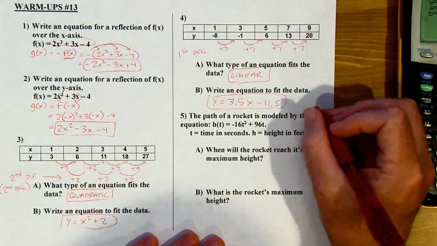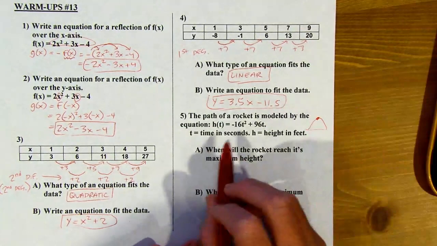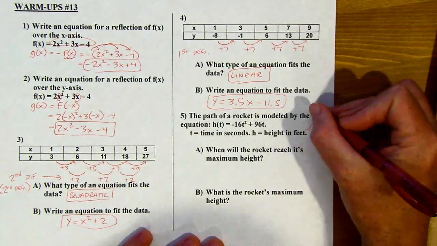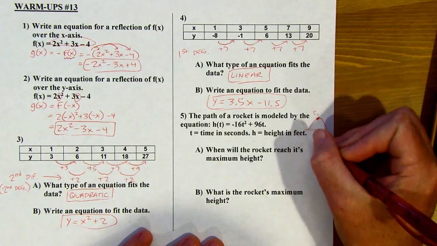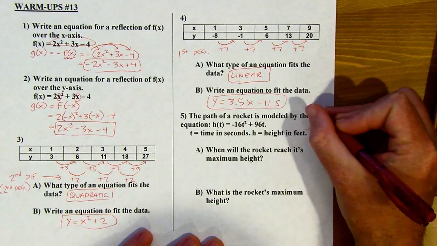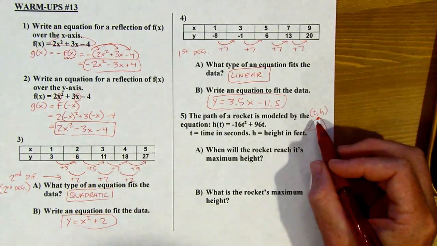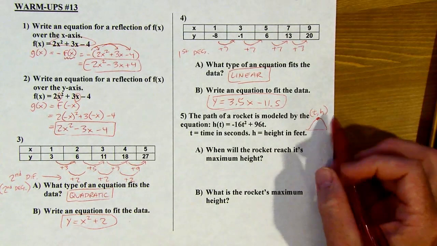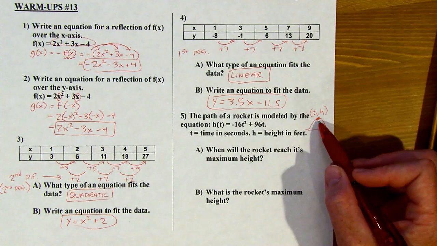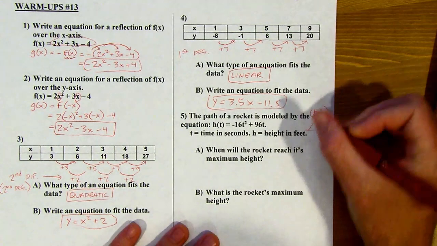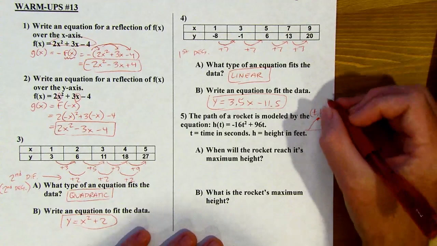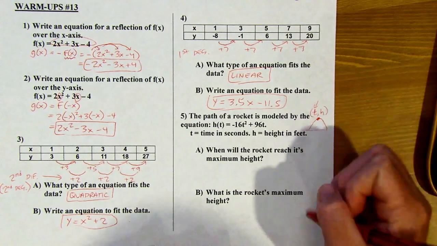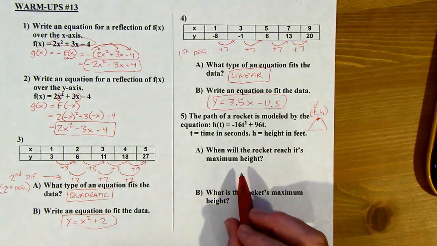And remember that your input here is t, so like the x coordinate would be t, the y coordinate would be the height. So this is saying, when is this going to get to the vertex? Well, what we're really looking for is the x coordinate of the vertex on this one, right?